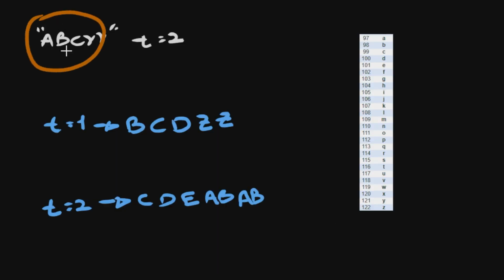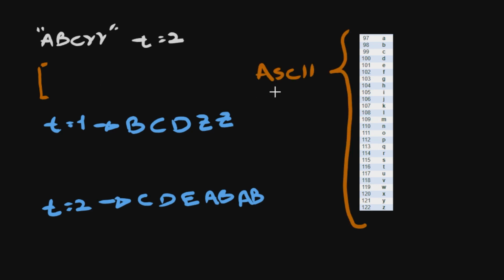This is the original string, and first we want to create a map, but we are building this in the form of an array. Each index in the array will represent a character. So for example, index 0 will represent an A, index 1 will represent a B, and so on. And to do this, we are taking the code for each character and we are subtracting the code for lowercase a, which is 97, and that's how we can fill this array.